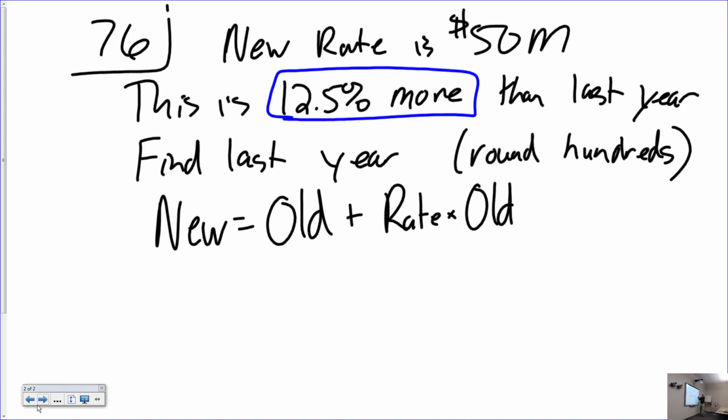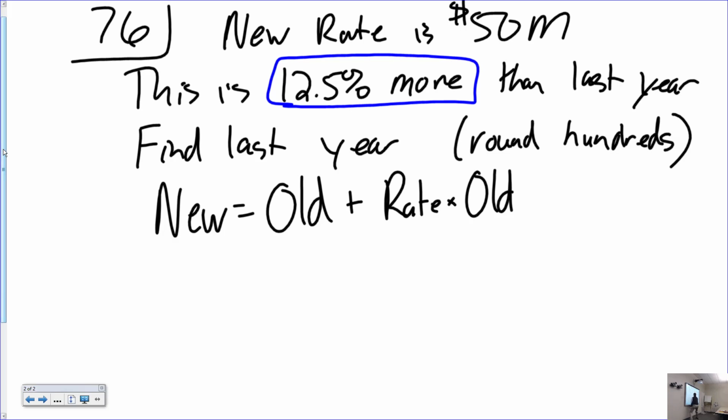You should know this, so it's not something you have to write down, but it's nice because the idea is you know two of those. Which two of those variables do you know? The new and the rate. The new and the rate, right? Always take the free point stuff first.